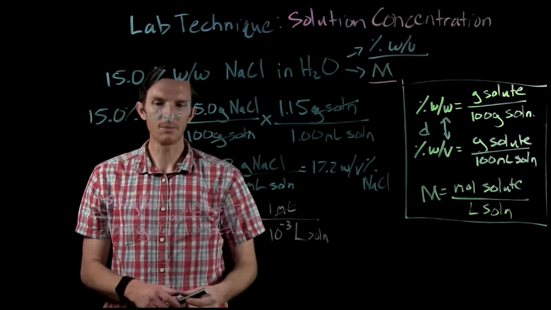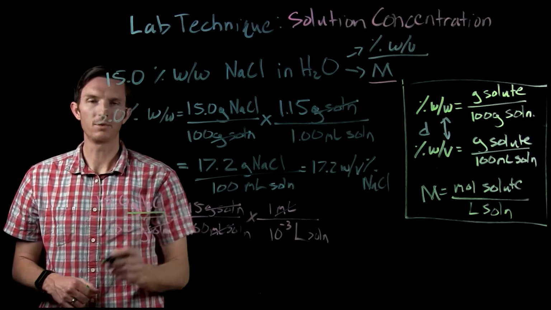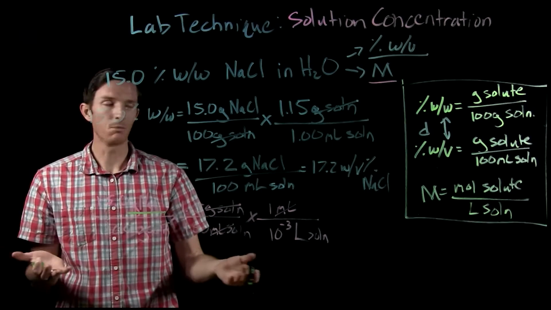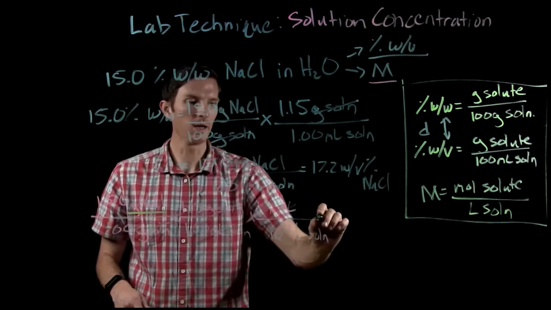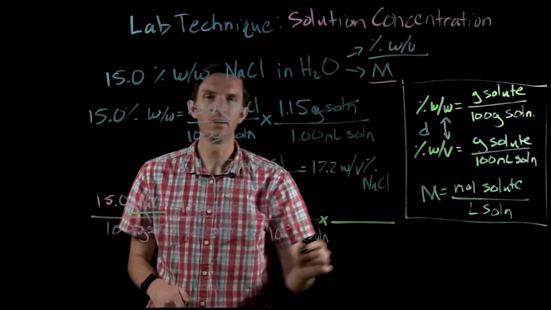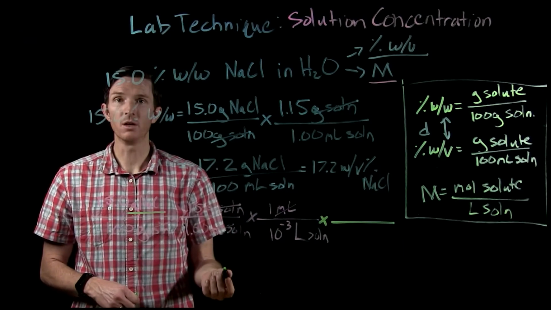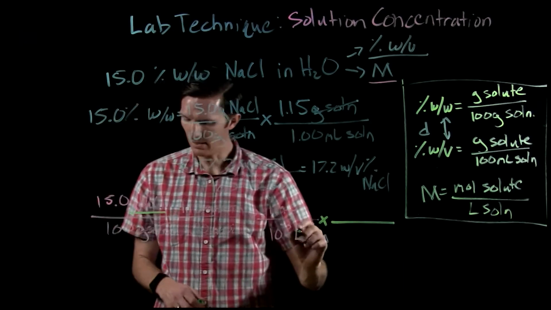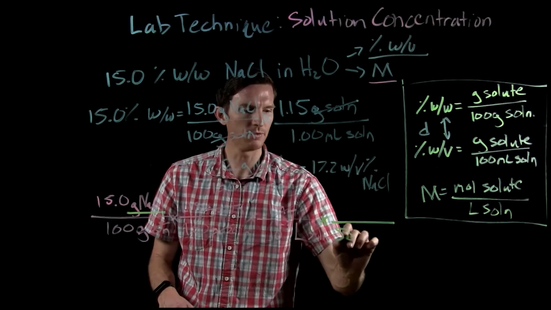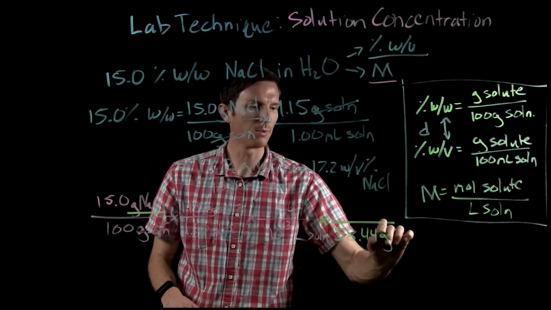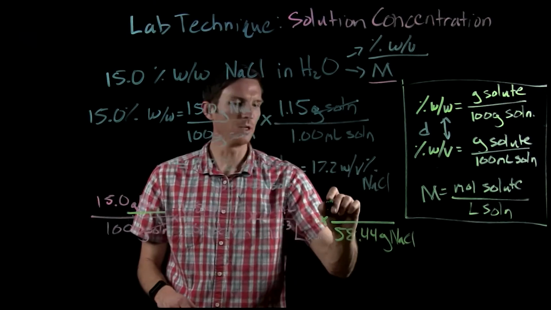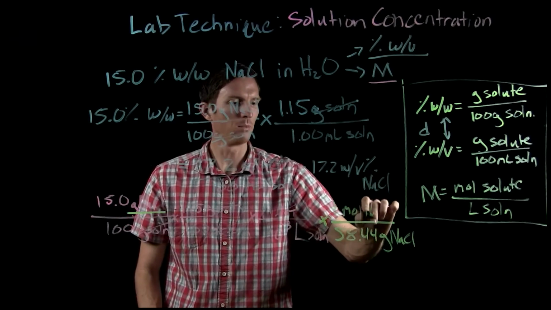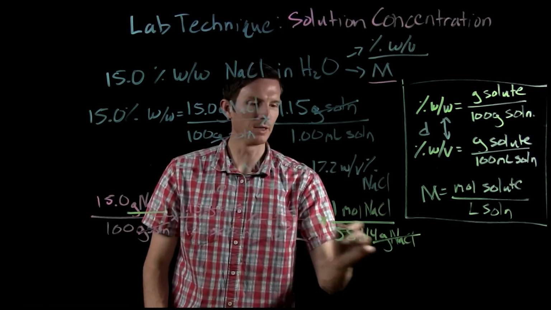The last step is that we want to convert our mass. We need mass of sodium chloride to moles of sodium chloride. If we're going to do that, we can just use the molar mass of sodium chloride, which is 58.44 grams sodium chloride per mole of sodium chloride.